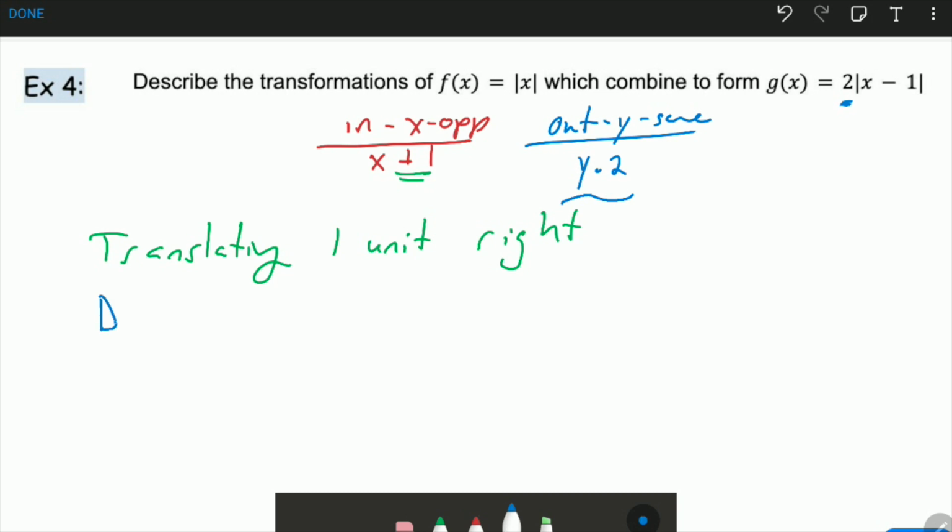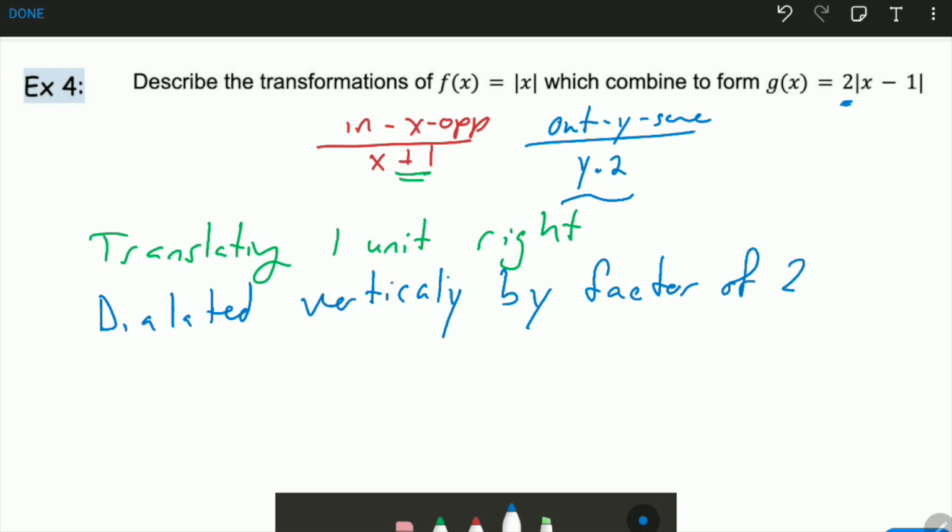So dilated vertically by a factor of 2. And you can get more precise. Instead of just saying dilated vertically, you could say stretched, because what you multiplied by is bigger than 1.